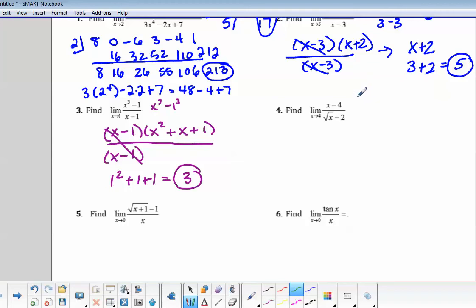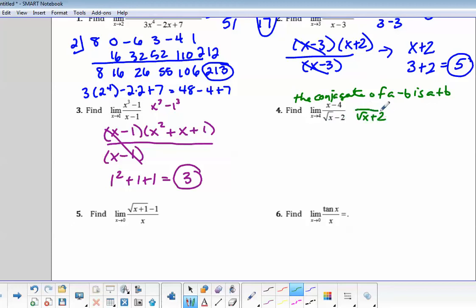So let me just remind you one more time that the conjugate of a minus b is a plus b. So the conjugate of root x minus 2 is root x plus 2.